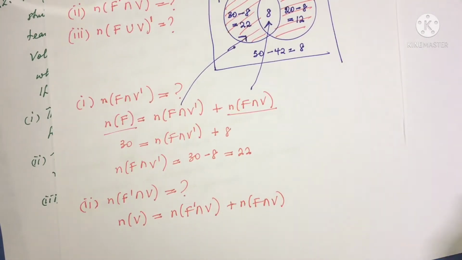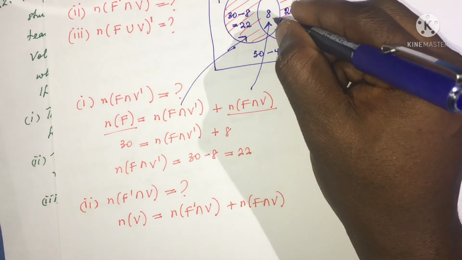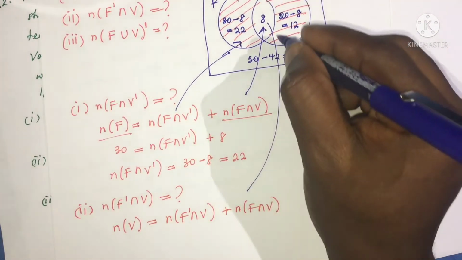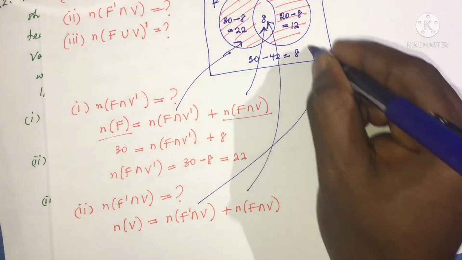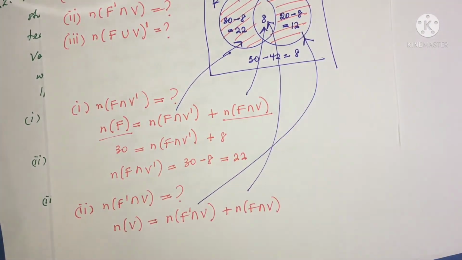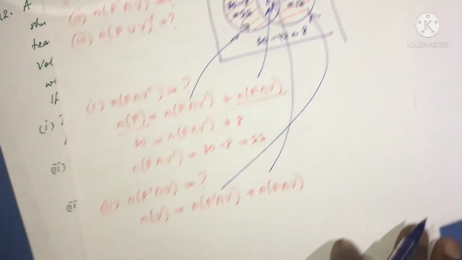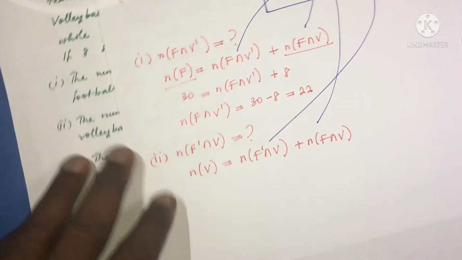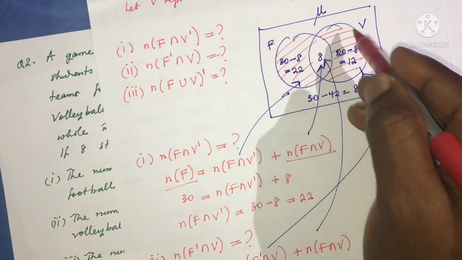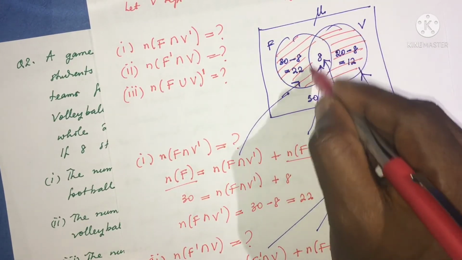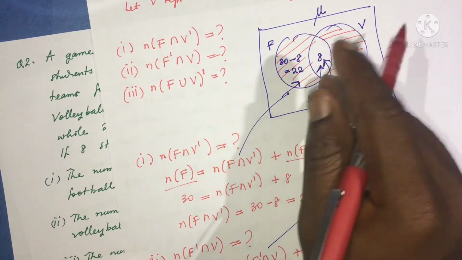Again, this is the portion here. This remains this portion. This is still the portion we are talking about. And this portion here is the half moon. And that would mean adding both of them gives n(V). It will give you the whole of V.